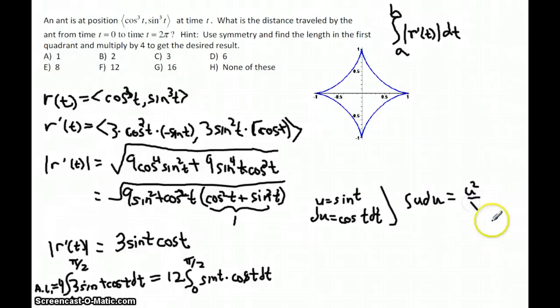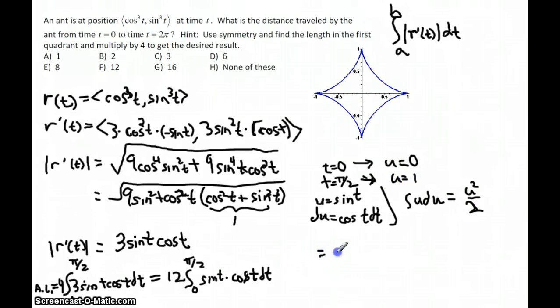Now we could do a limit switch if you like. When t is 0, u is 0, we'll get that by plugging into the substitution. And when t is pi over 2, we get that u is the sine of pi over 2, which is 1. So it might be beneficial to us actually to do a limit switch here, and go from 0 to 1.